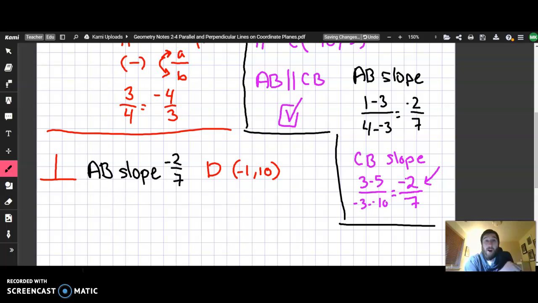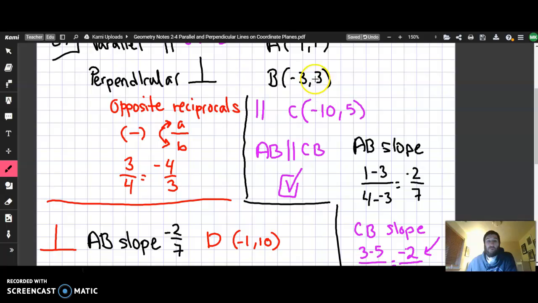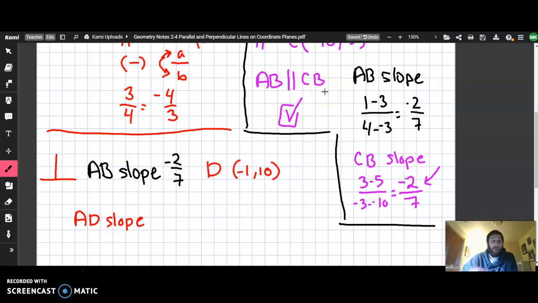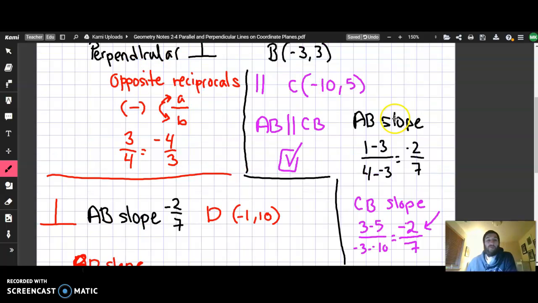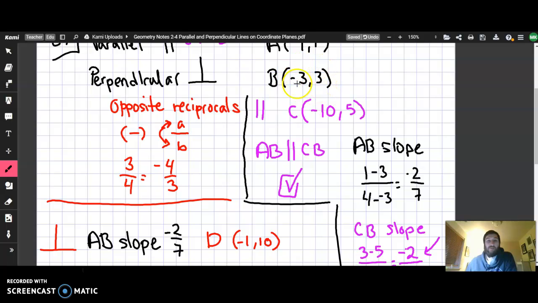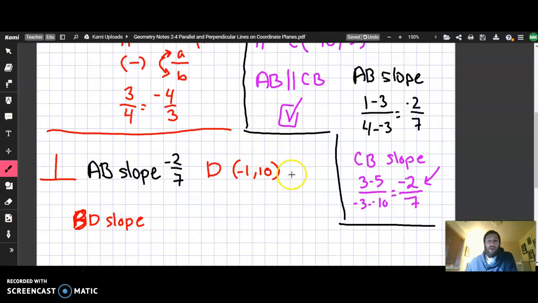Are these going to be perpendicular? In order for us to know, we have to find the slopes. The slope of BD, not AD, is going to be using the negative 3, 3 with our negative 1, 10.